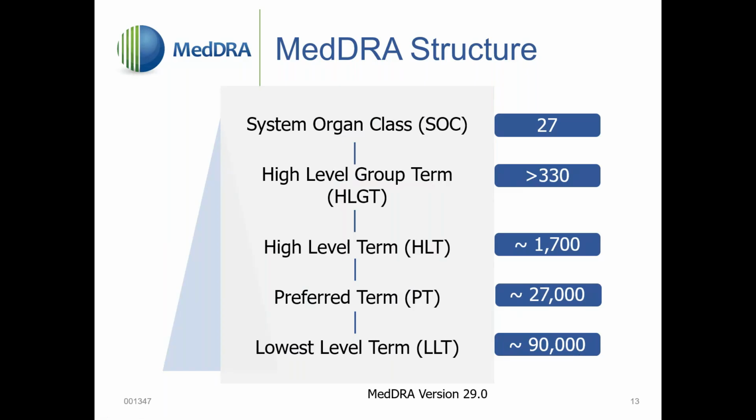So you would have to browse these 90,000 LLTs, so to say, in order to find the most specific term for your verbatim for coding purposes. Please note that British English is used at the PT level and above. It is only on the LLT level where you would find terms in American English. So if you would look for a specific PT and use American English for your search in the browser, you will hardly get any results.